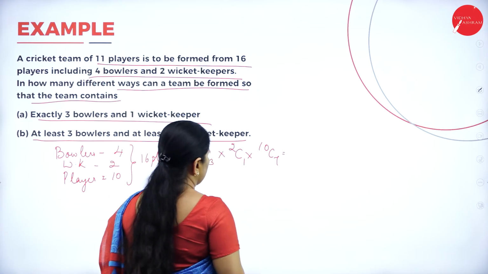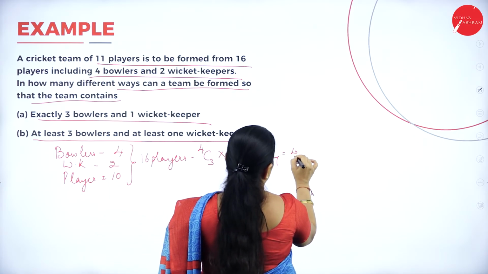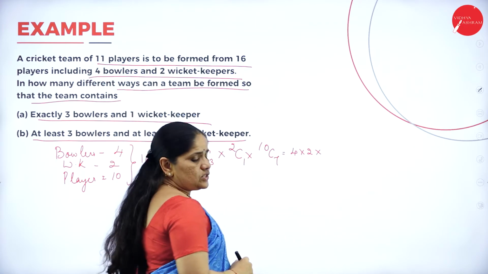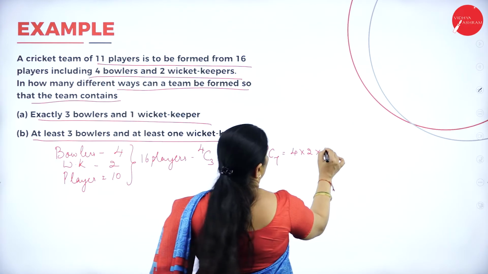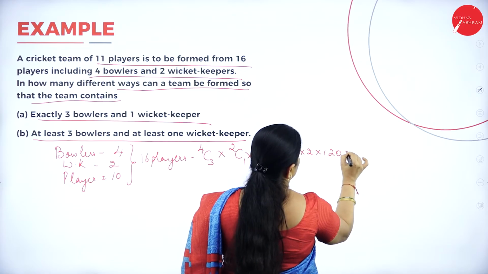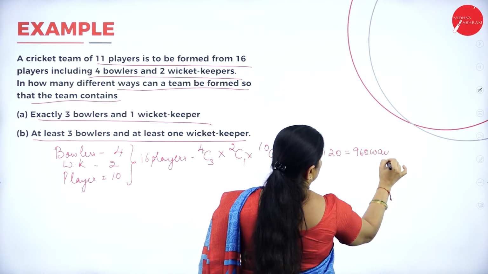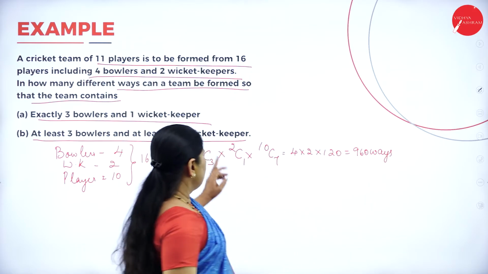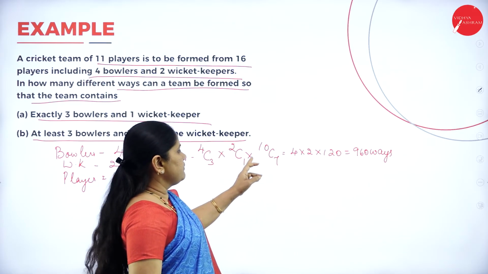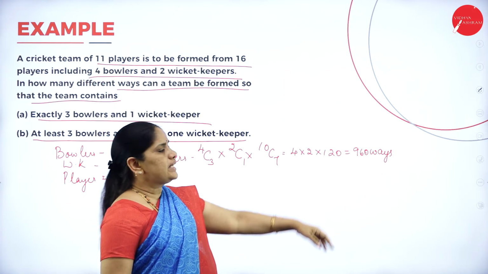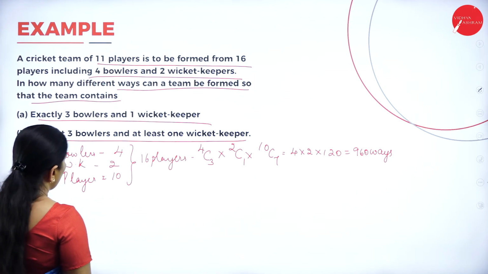So, this will be equal to 4 into 2 into 10C7. That is 4C3 into 2C1 into 10C7, that is 4 into 2 into 120, that is 960 ways.